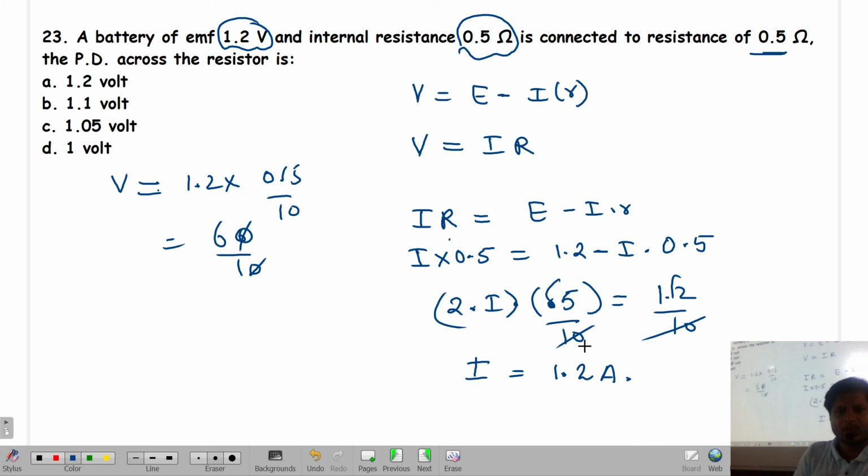It is correct now. No, no. Current I'm getting as 1.2 amperes. Okay. 23 is option B, 1.1 volt. It is correct.